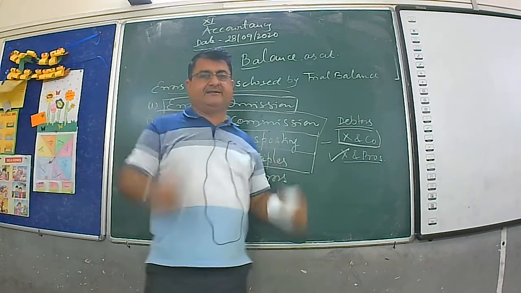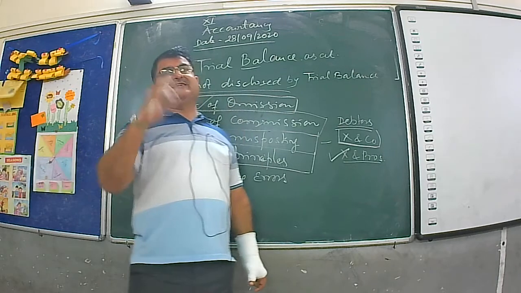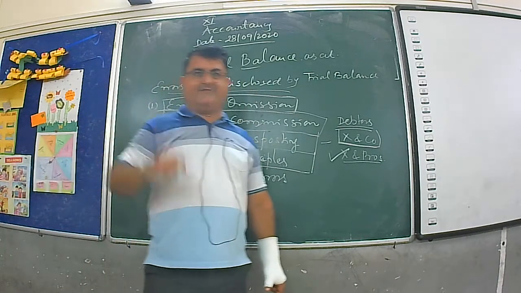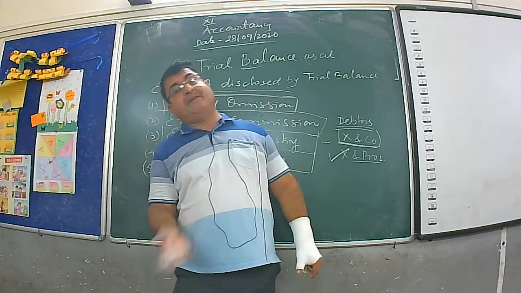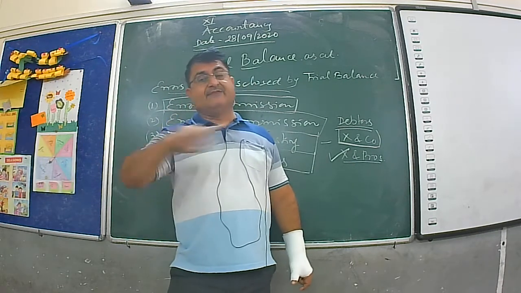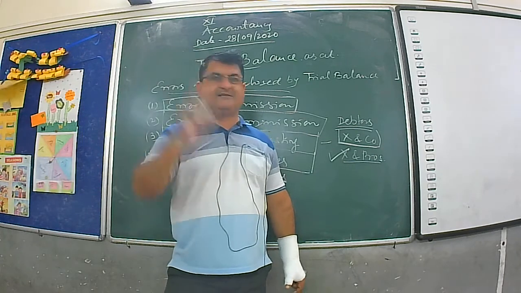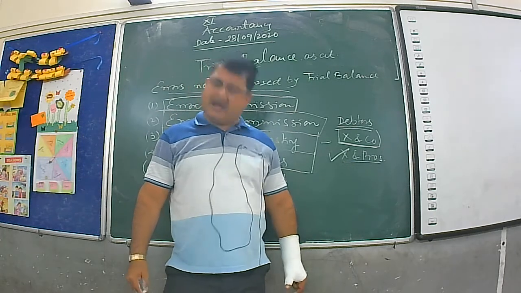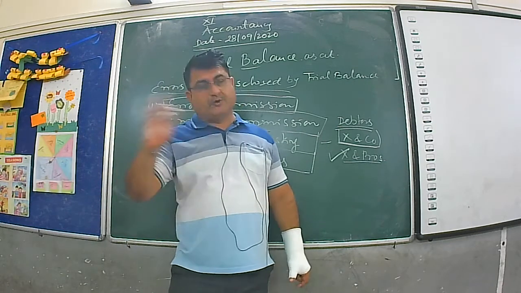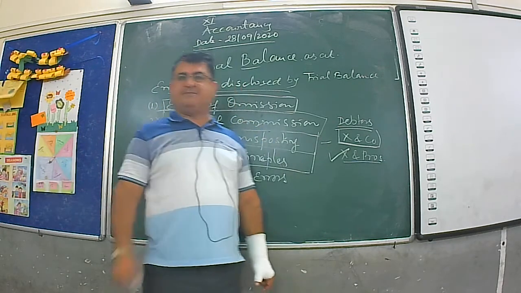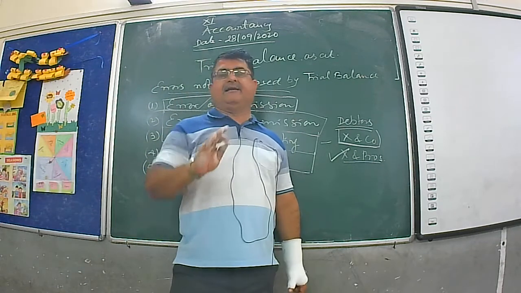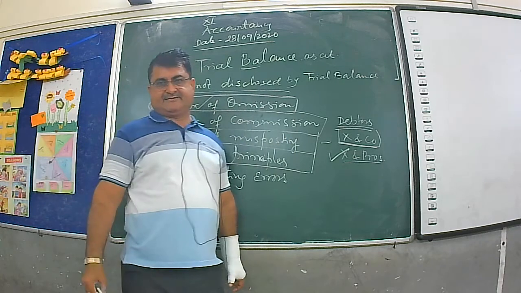But both are debited. For instance, you have purchased a building for rupees 1 lakh, so the building account will be debited by 1 lakh. And if you have paid repairing charges of rupees 10,000, then the repairs and renewals account will also be debited by rupees 10,000. However, repairing charges will be shown separately as an expense of the business, and the building will be shown separately as an asset of that business.